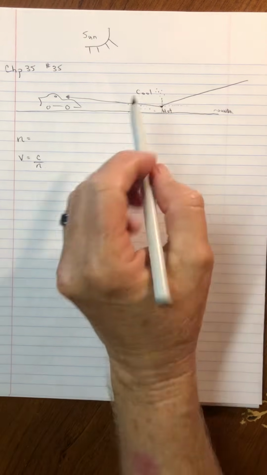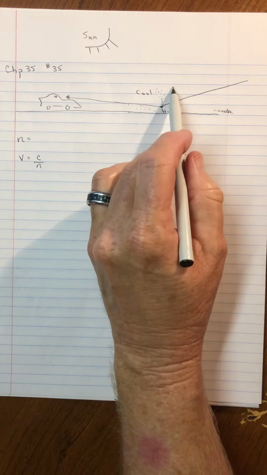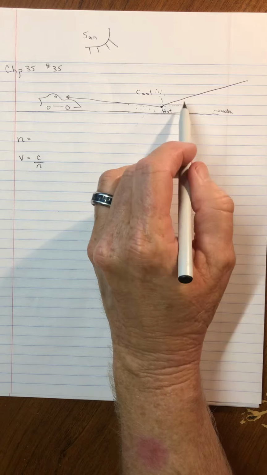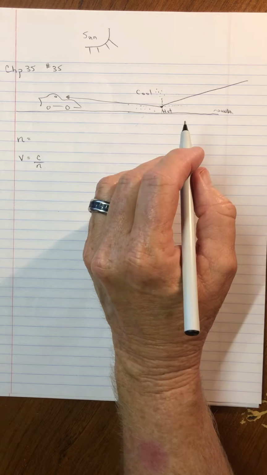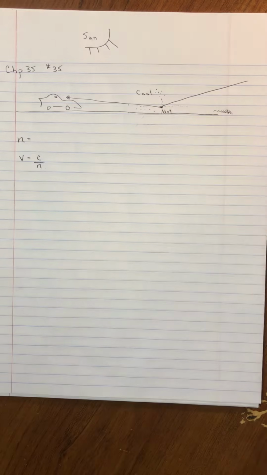And remember that total internal reflection only occurs when you go from one index into another here. And so that's part of this discussion here. What is that index here?